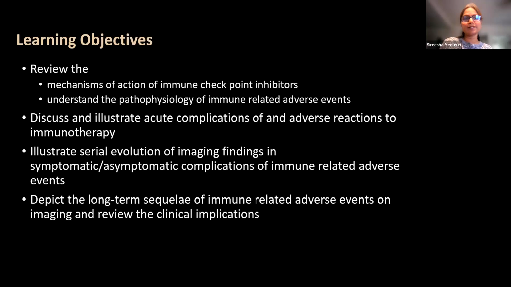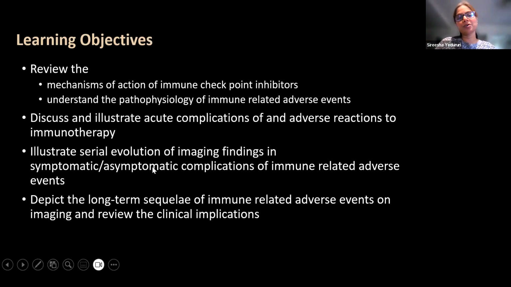So in the next few minutes, I'm going to review the mechanism of action, or the pathophysiology, of these immune checkpoint inhibitors, also known as immunotherapy, and understand the pathophysiology of their adverse effects. We're also going to illustrate these side effects or complications on imaging.